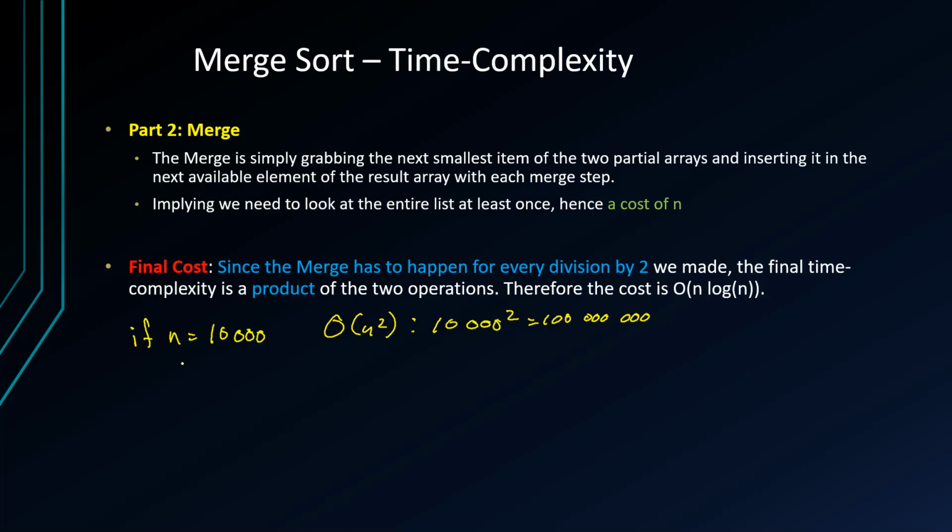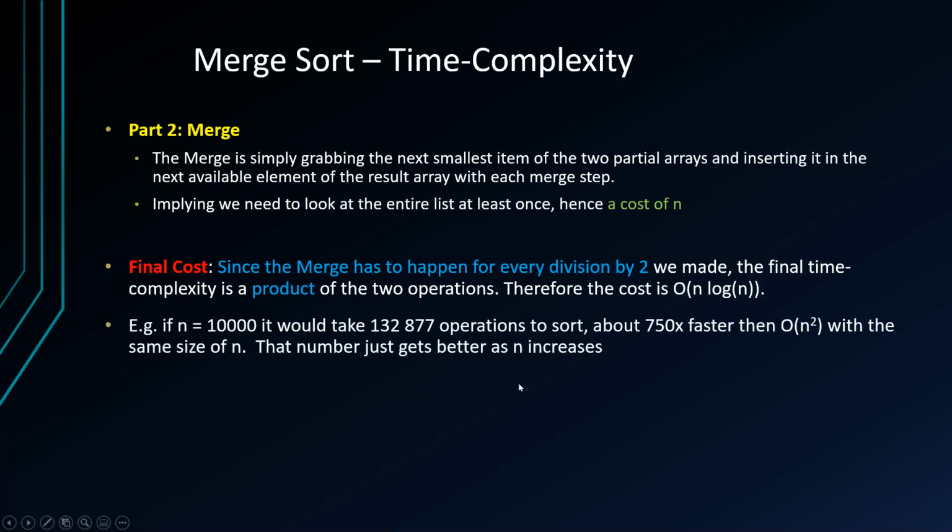So let's look at the difference for n log n. When n is equal to 10,000 for n log n, this is a significantly cheaper operation. So 100 million for n squared, but for n log n, it only takes 132,000 operations.